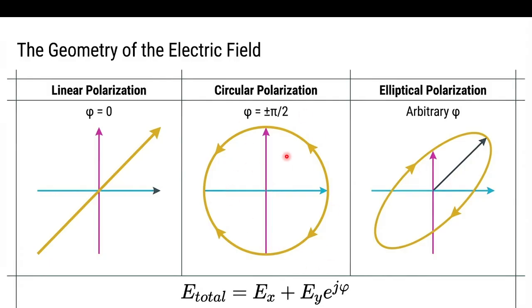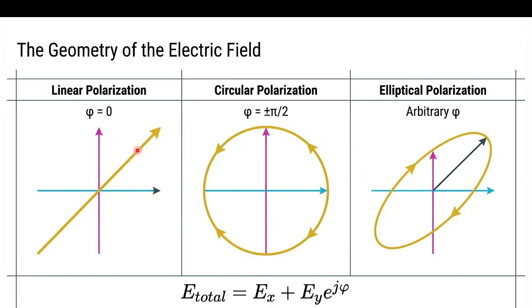In circular polarized light the vector will rotate with the axes x and y, so it will not be a constant vector. In elliptical polarization the vector will be in an elliptical, oval manner, not like a circular polarization.